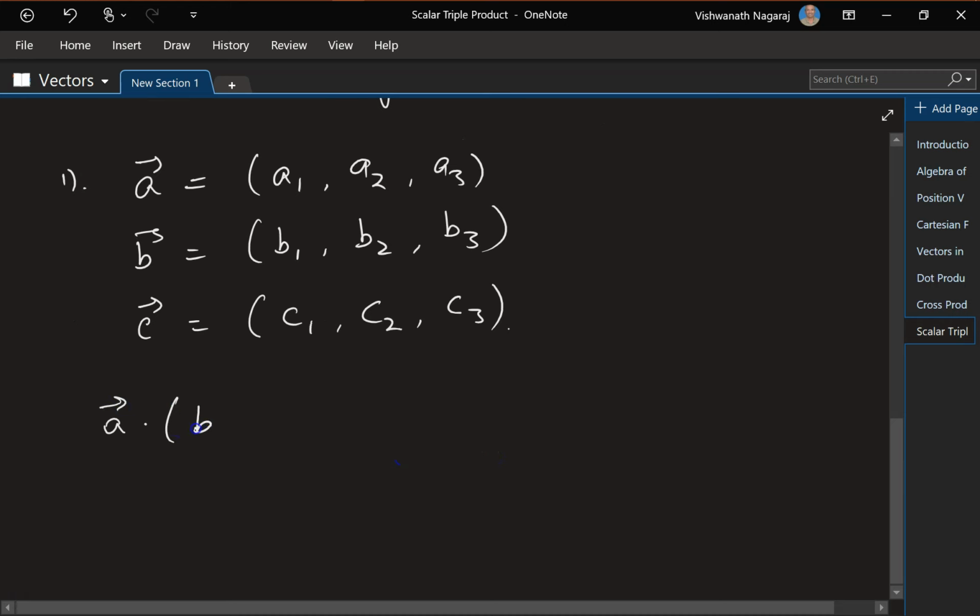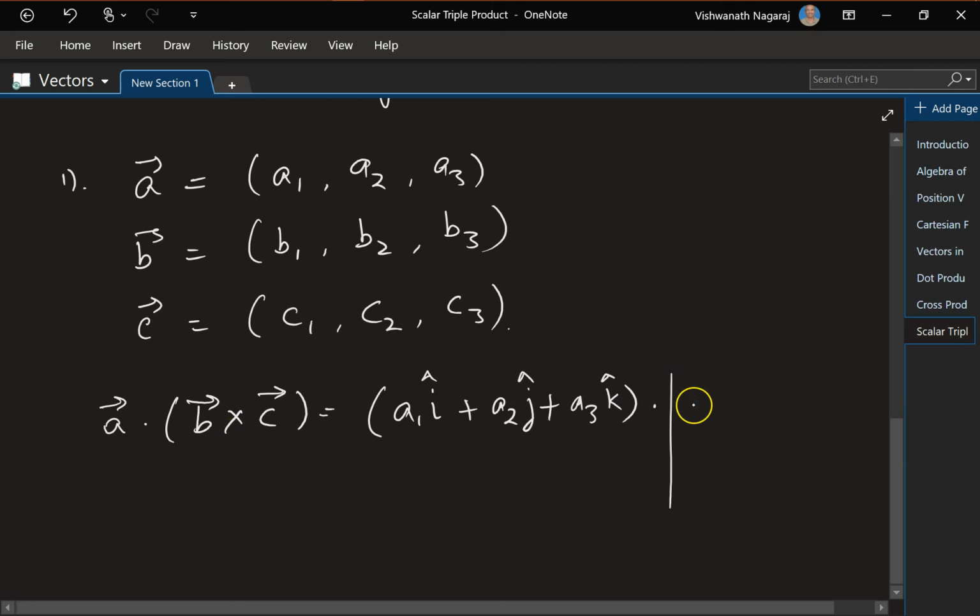A dot B cross C: A1 i plus A2 j plus A3 k dot, remember vector A can be written like this in terms of the components. And B cross C we have already seen can be written in determinant form: i, j, k, B1, B2, B3, C1, C2, C3.